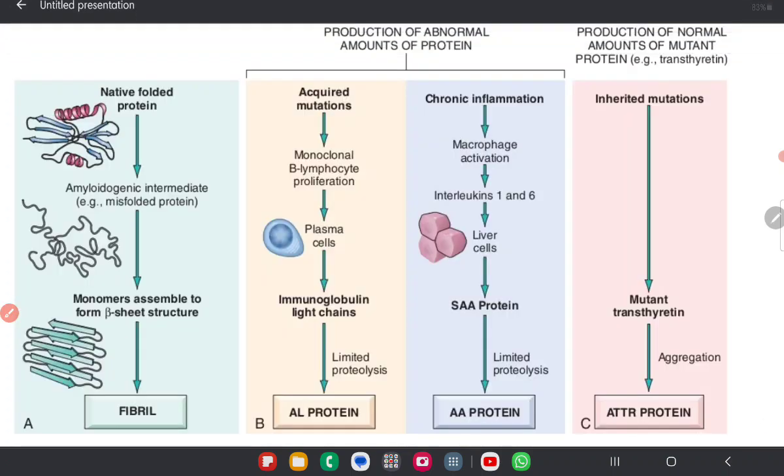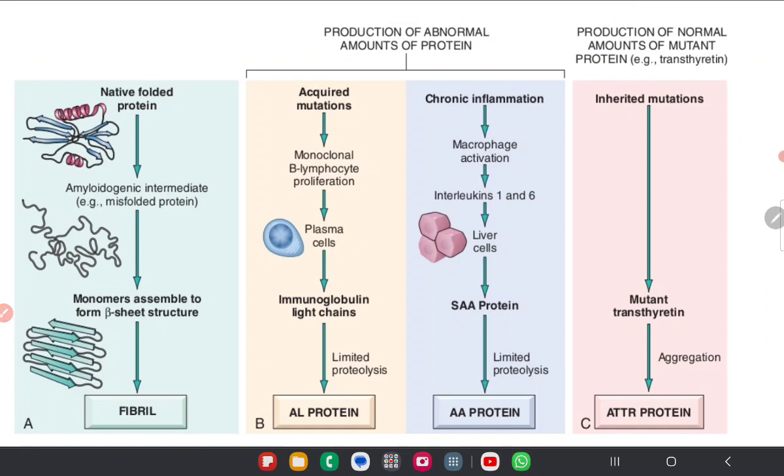Next, as I have already discussed previously, the pathogenesis: the amyloidogenic intermediate is misfolded protein, and along with this, the non-fibril components are conjugated, leading to formation of the fibril. In acquired mutations, plasma cells produce immunoglobulin light chains, associated with interleukins 1 and 6.